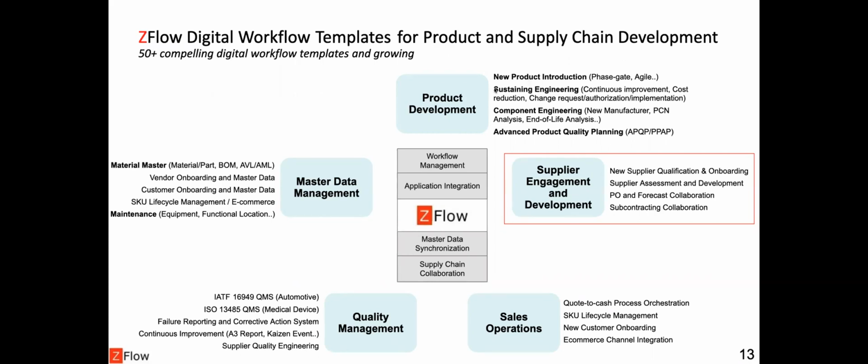Most of our work has been so far in the product development area, but we've started to add a lot of capabilities to really get strategic supplier development and engagement workflows in. And so far, we've been getting very good reaction. Now, there are other related areas that also help make the supplier engagement process better. But today, we'll be looking at the supplier engagement and development workflows.